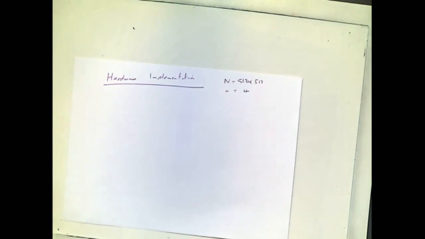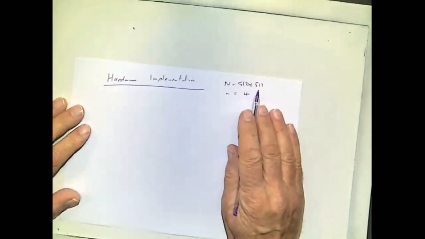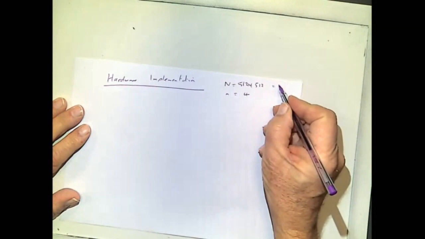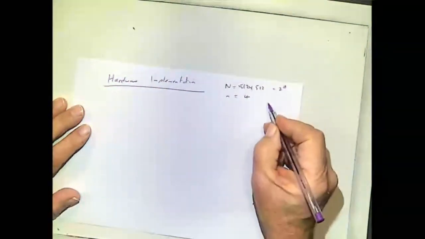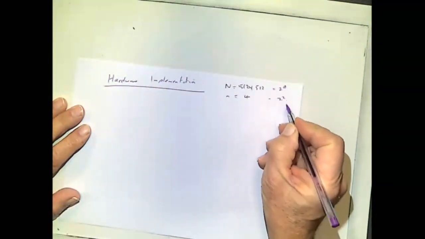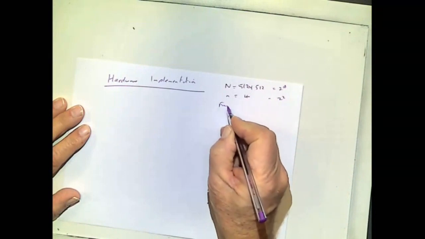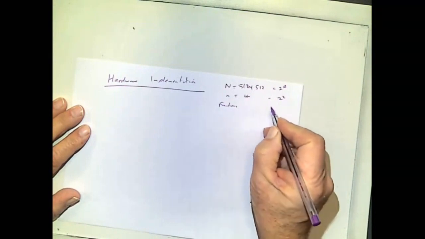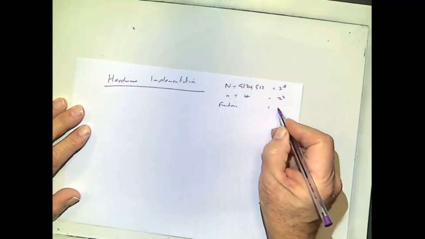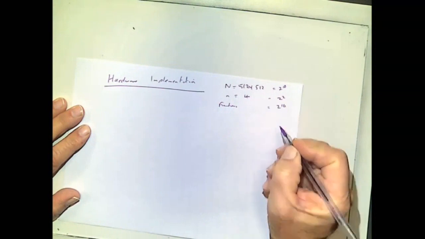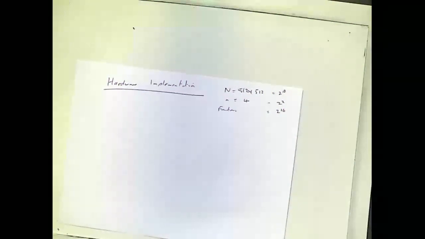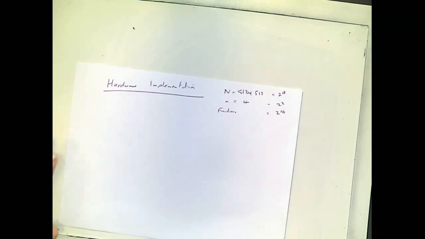Total number of functions is going to be 2 to the 18, divided by 2 squared, so the number of functions is equal to 2 to the 16, which is 4, 16, 32, 64, 128.